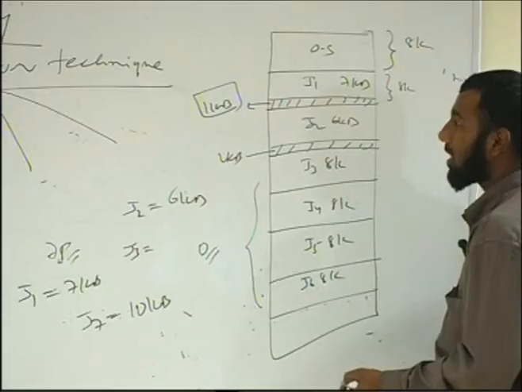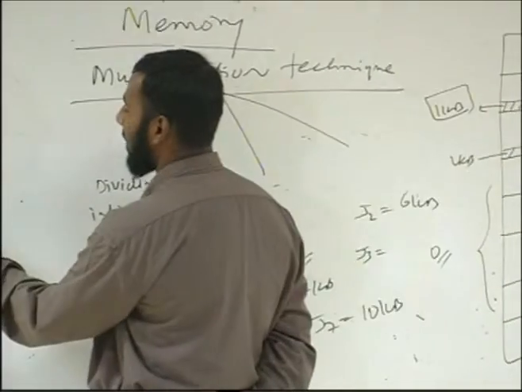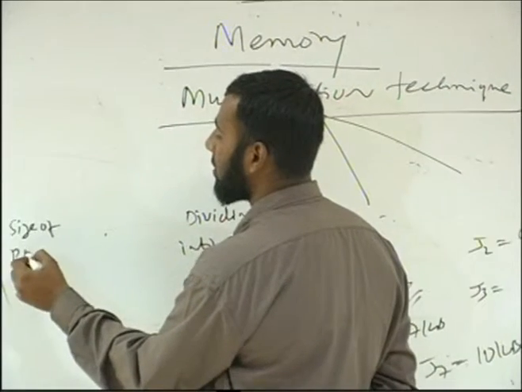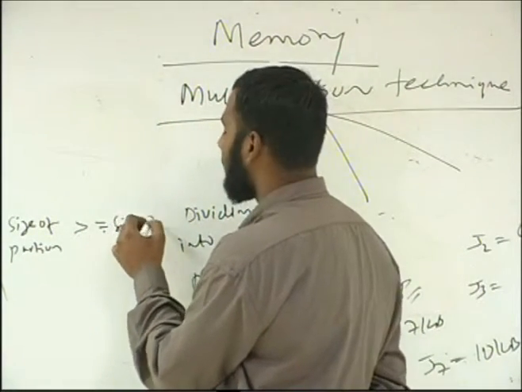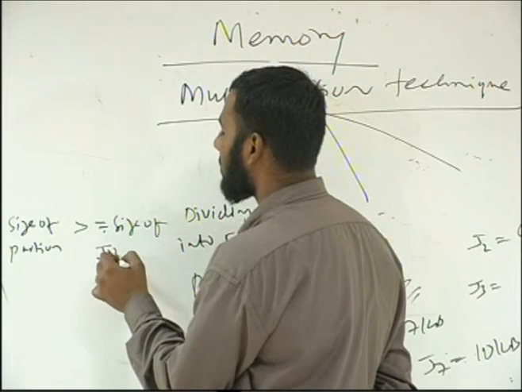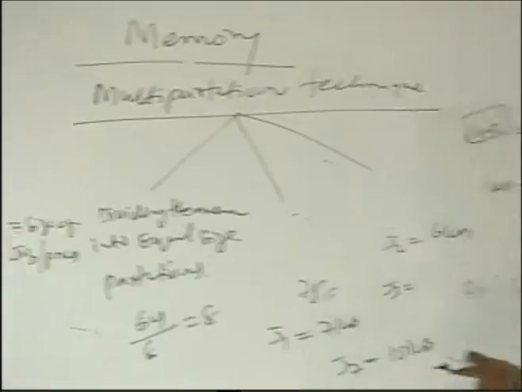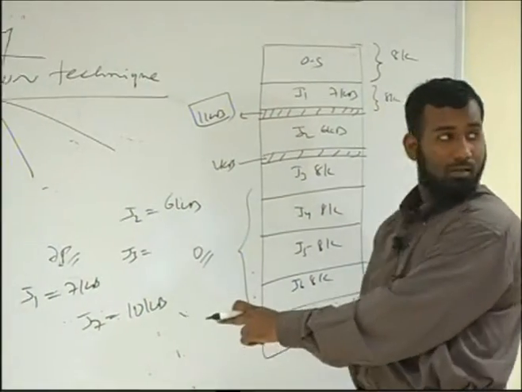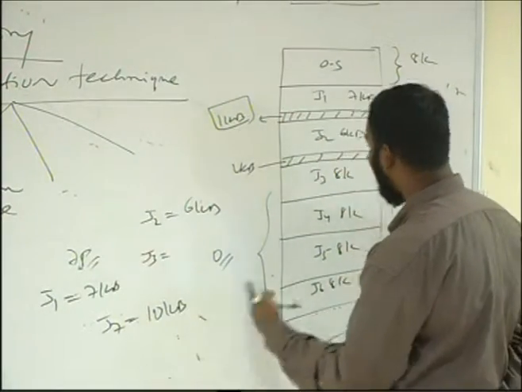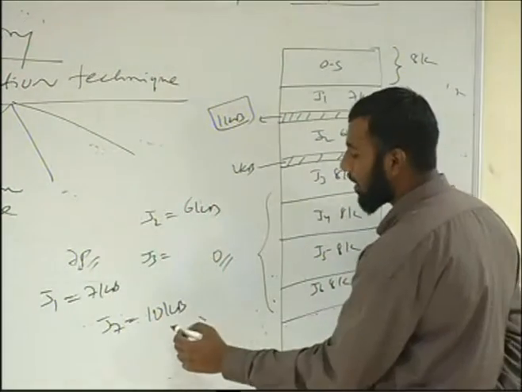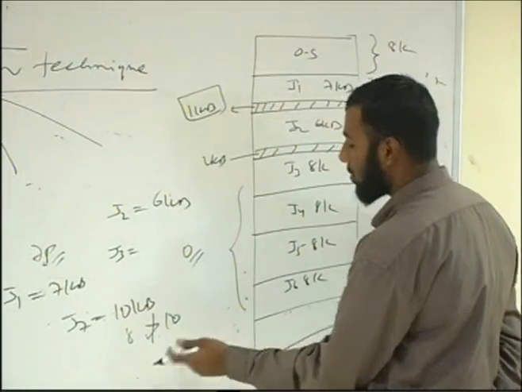Now the condition is violated. In this scheme, the condition is that the size of the partition should be greater than or equal to the size of the job or process. Here the size of the partition is 8, and 8 is not greater than 10, so it cannot be loaded.